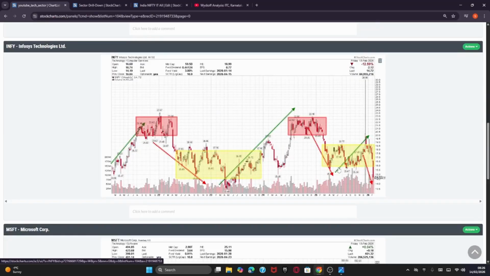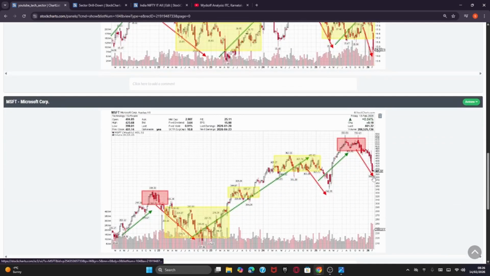For example, if you take Infosys, currently it's touching its lowest low in several years. As per Wyckoff terminology, this is a phase where a shakedown kind of test is happening.